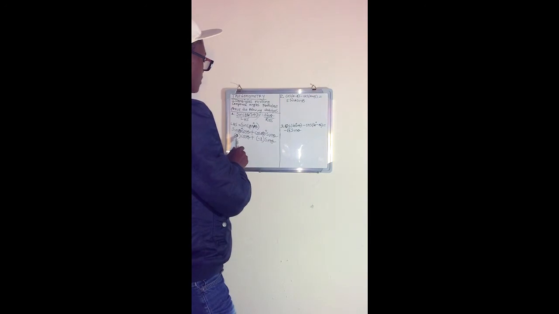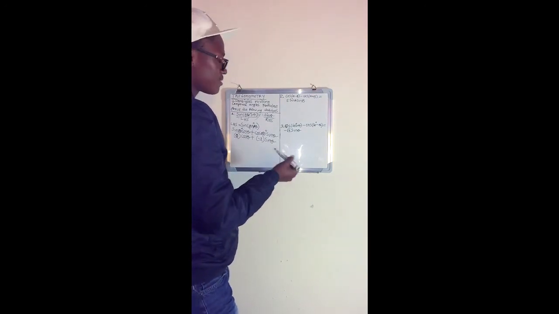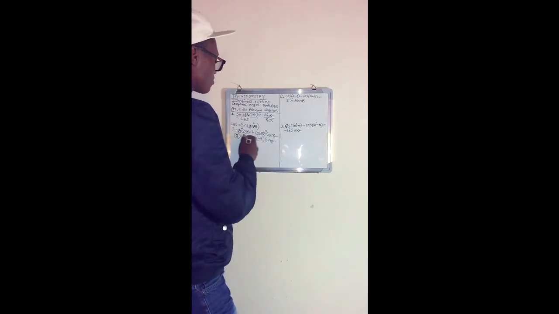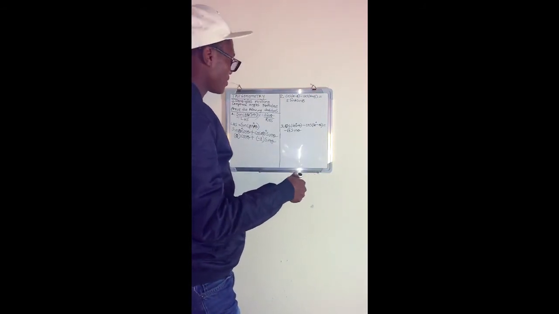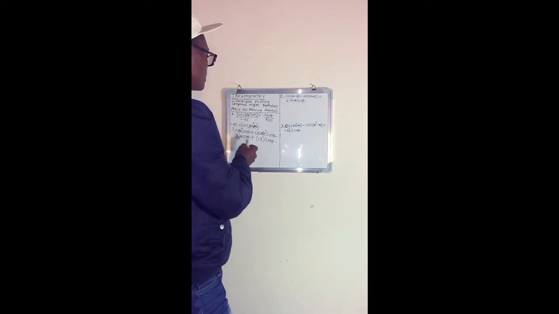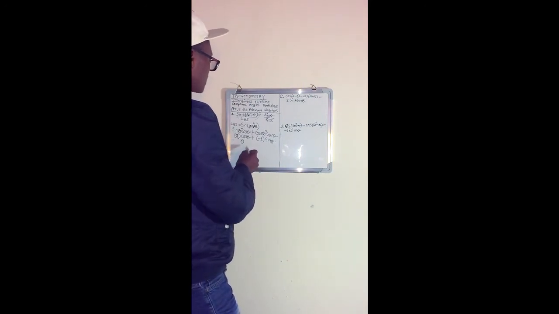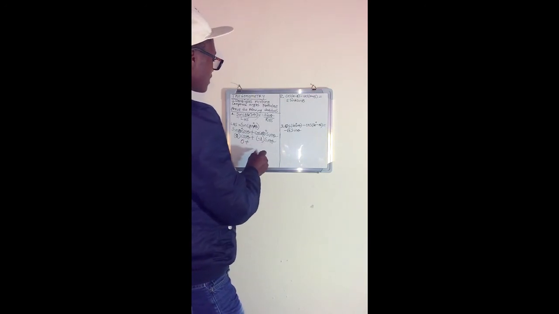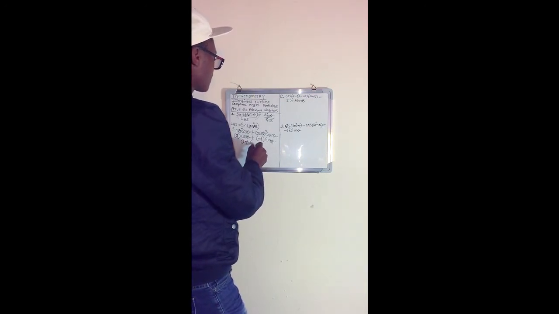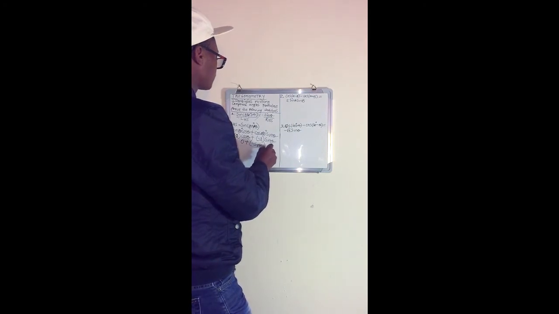So 0 multiplied by cos theta is 0, because 0 multiplied by any number is 0. So we are left with 0 on this side, plus minus 1 multiplied by sin theta, which is minus sin theta.